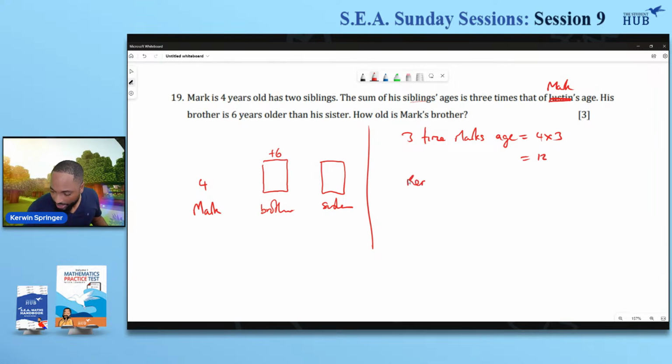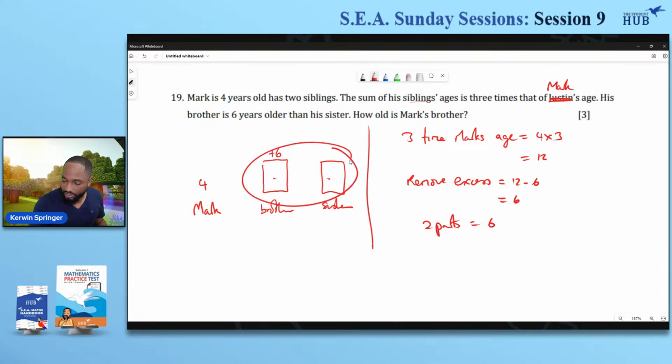And if I remove that excess 6, 12 minus 6 is 6. And the 2 parts should be equal to the 6. You understand that now? So these 2 parts is 6. Because this is equal to 3 times the age. I remove the excess. Yes. So 1 part would be equal to 6 divided by 2, which is 3.